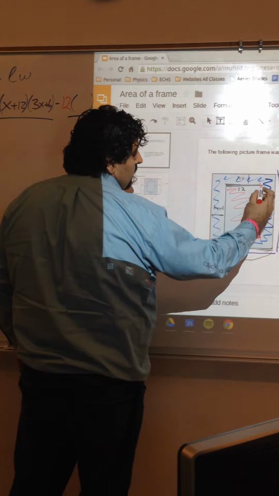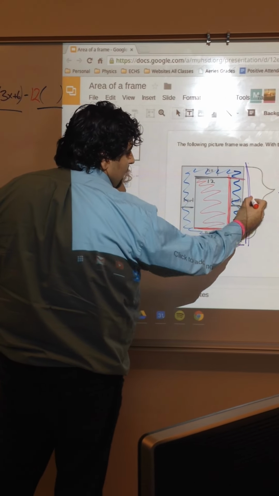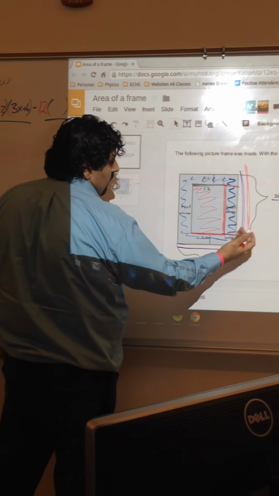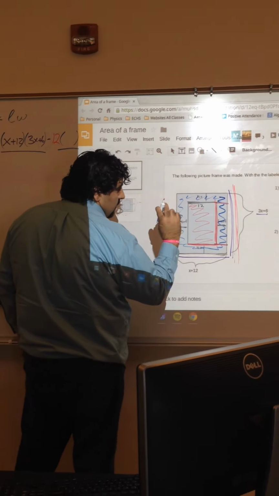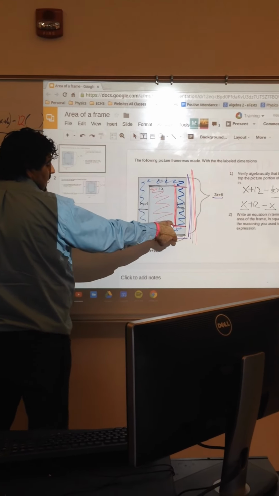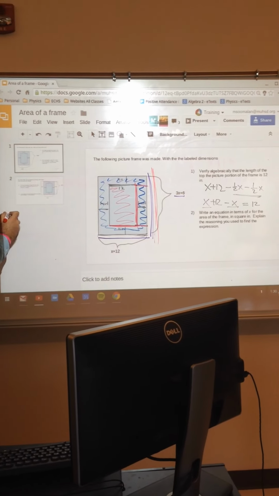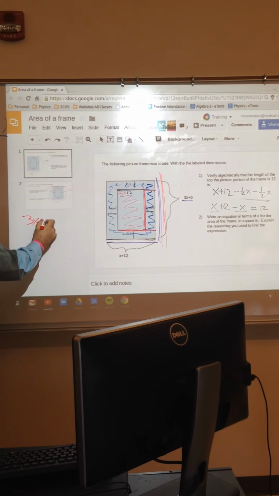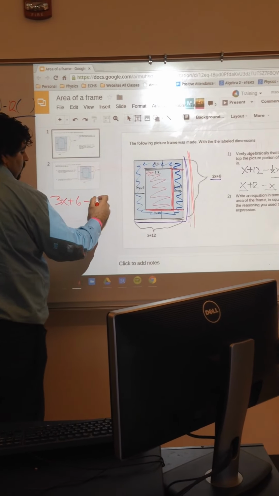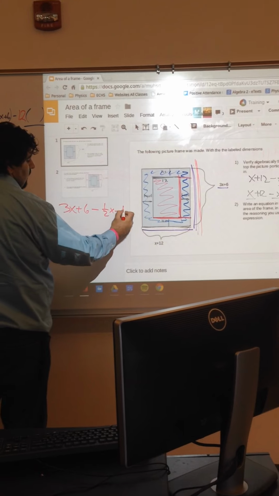This is the entire length, or width, or you can call it height, and we want to take away the frame piece. So we would have 3x plus 6, and we take away this piece, which is 1/2 x, and this piece, which is 1/2 x.